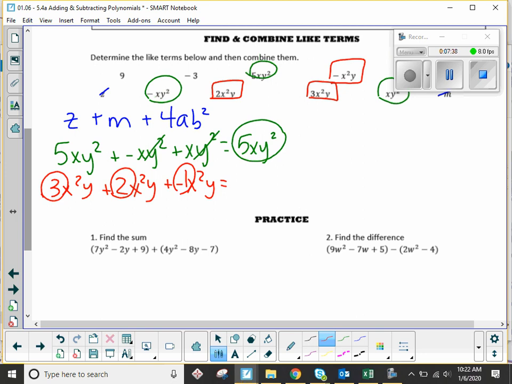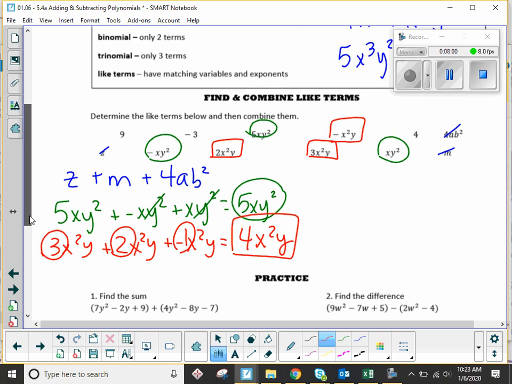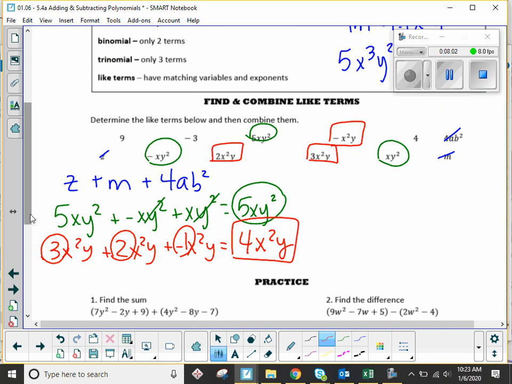I'm going to add 2 more, and I'm going to take away 1 of the x squared y's. 4x squared y, without changing the exponents at all. So for addition or subtraction, the powers stay the same. And we did do some rules of powers and exponents last time. Yep, exactly right. What else?